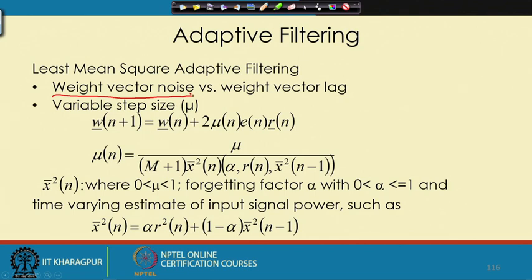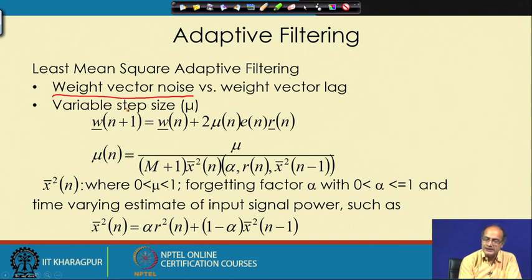That situation is called weight vector noise. That means there is a noisy estimate we are taking for the weight vector, and that is getting reflected in the output as noise.